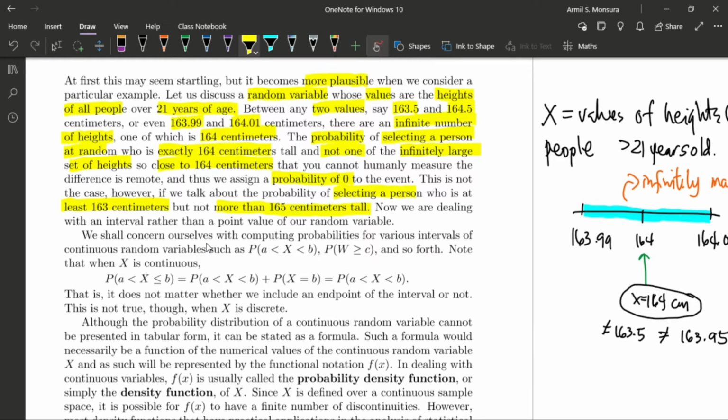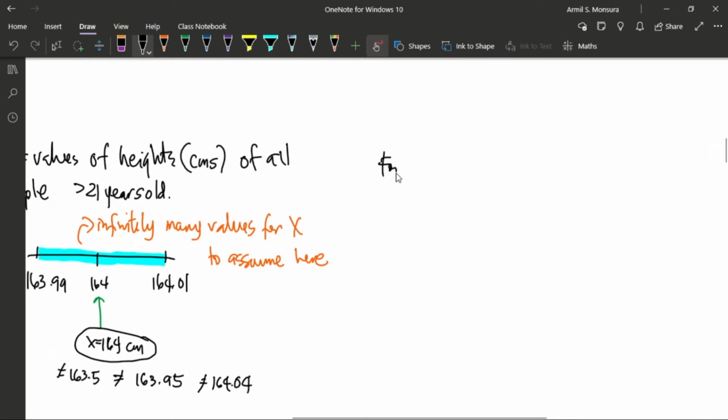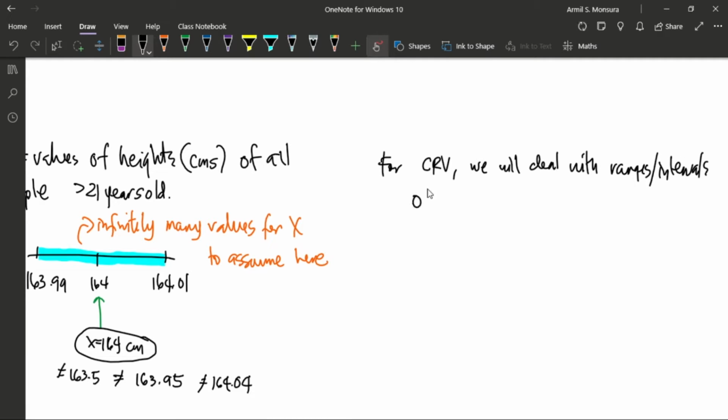So in the case of a continuous random variable, we will deal with ranges or intervals of values that it can assume. Okay? So interval or ranges yung pag-uusapan natin.